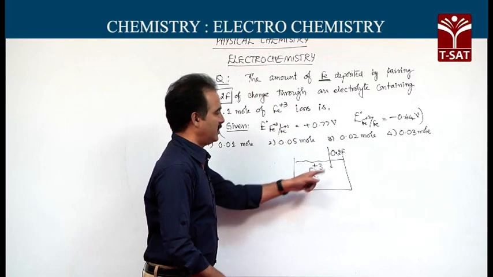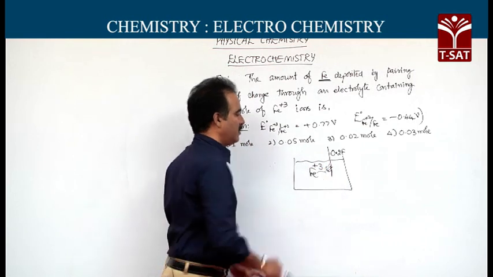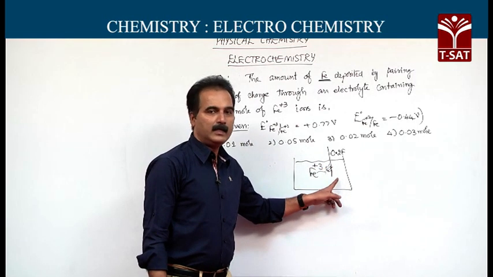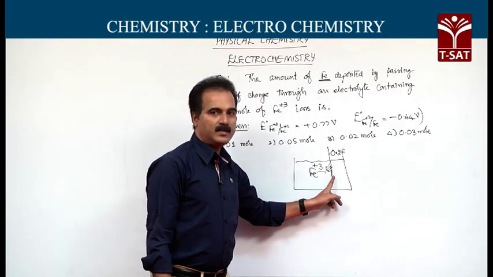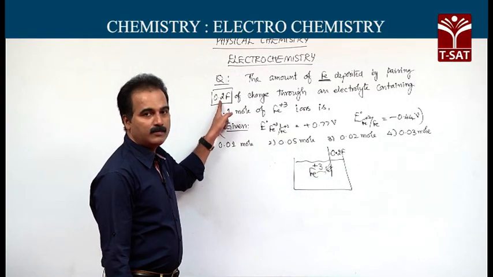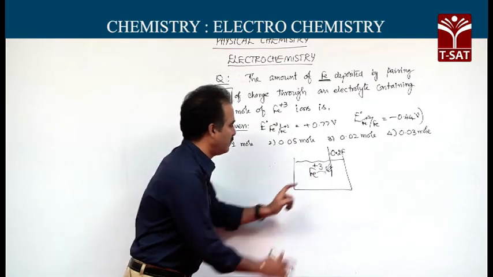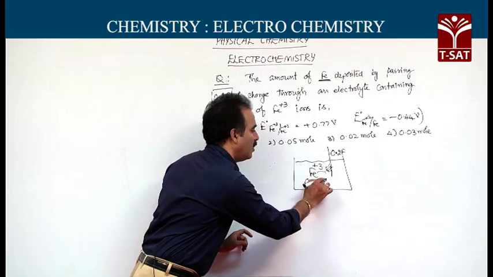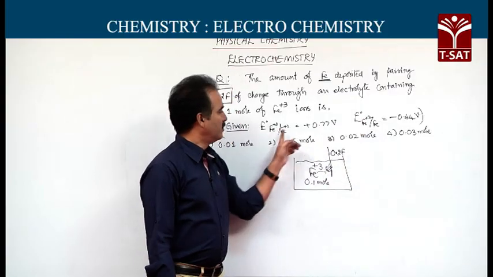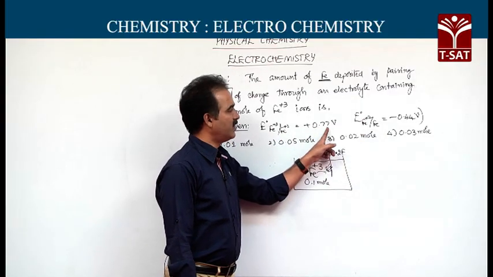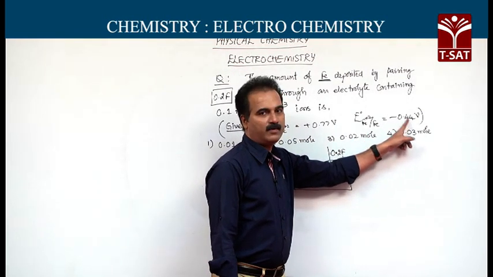As a result, the ferric ions will be reduced, and the ferric ion reduction leads to the deposition of iron. The question is, how much iron is deposited by sending 0.2 Faradays of charge through 0.1 mole of ferric ions. You are given the reduction potential values. Ferric to ferrous is +0.77, ferrous to iron is -0.44.